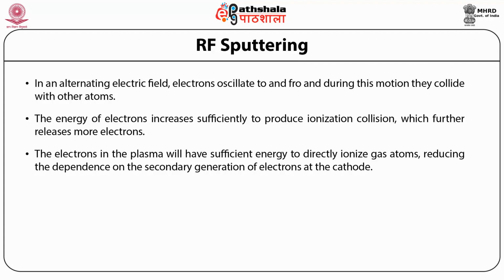So, at an operating frequency of 13.56 MHz, the ions in the plasma can no longer move quickly enough to offset the changing field, due to which only a little accumulation of positive ions occurs during the portion of the cycle in which the target electrode is acting as the cathode.